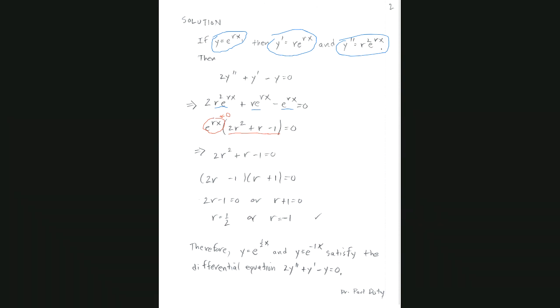For this quadratic equation, is there perhaps an easier way to solve for our roots r? That's right, Daryl. We can factor it. Let's factor it. What are the factors going to be for this?